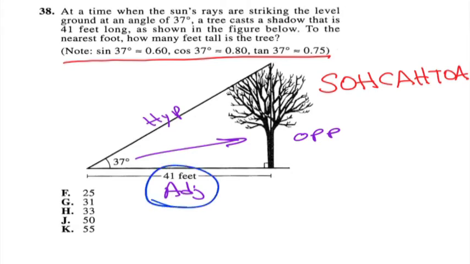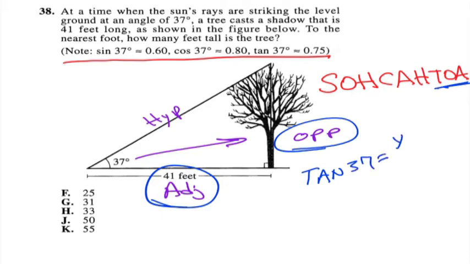They gave me adjacent. What do they want? They want opposite. That tells me I use the tangent function because it's the only one that has opposite and adjacent in it. So I would set this up and say tangent of 37 is equal to opposite, which is x over 41.